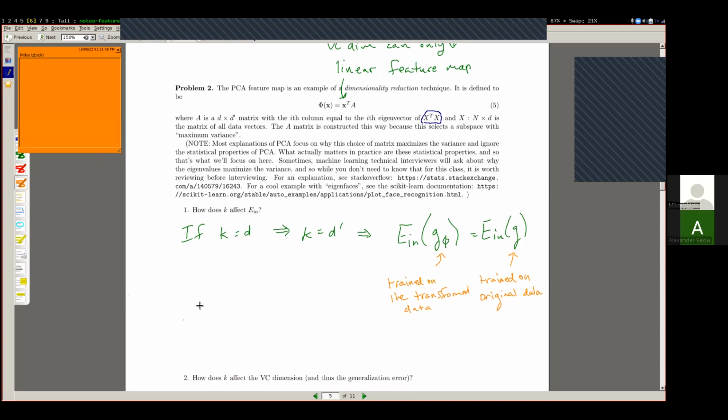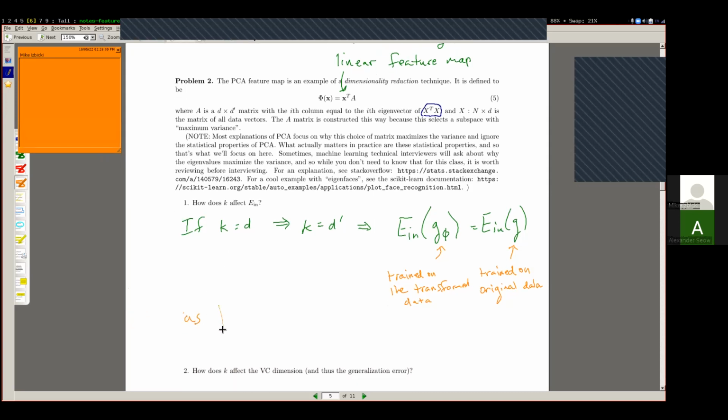But as K decreases, that will somehow imply that the size of H_phi also decreases, which will imply that our training error increases.